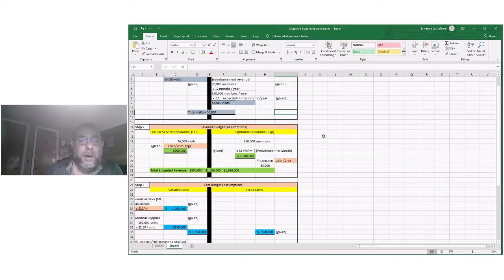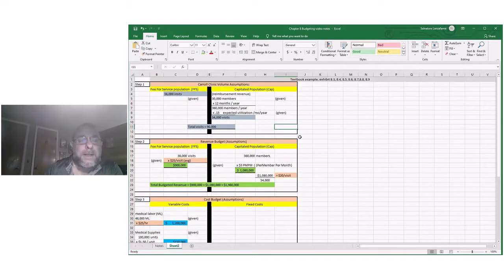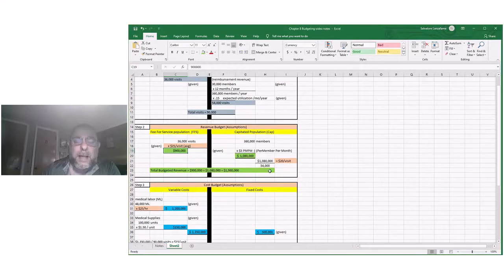But from a revenue standpoint, we take the 36,000 visits from the fee-for-service and multiply that by the 25 average dollars that we earn. That's where the 900,000 came from. And in this particular case, the 360,000 members times the $3 per member per month is $1,080,000. What I did do though was also figure out a revenue per unit.